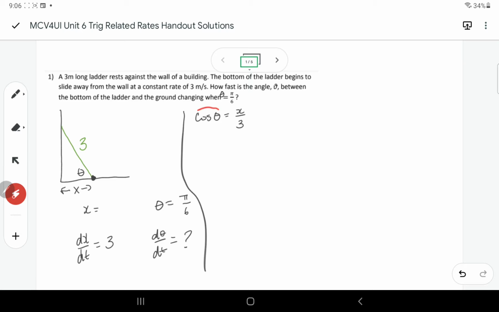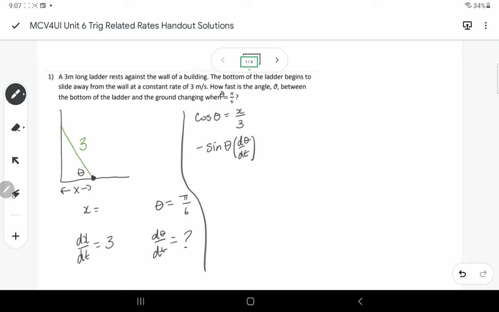So I'm going to take the derivative of each side of this expression in terms of time, remembering that theta is a function and x is a function. None of these are just simple variables. So the derivative of cos theta is negative sine theta times the derivative of the theta function with respect to time. So d theta dt, because that is a changing function.